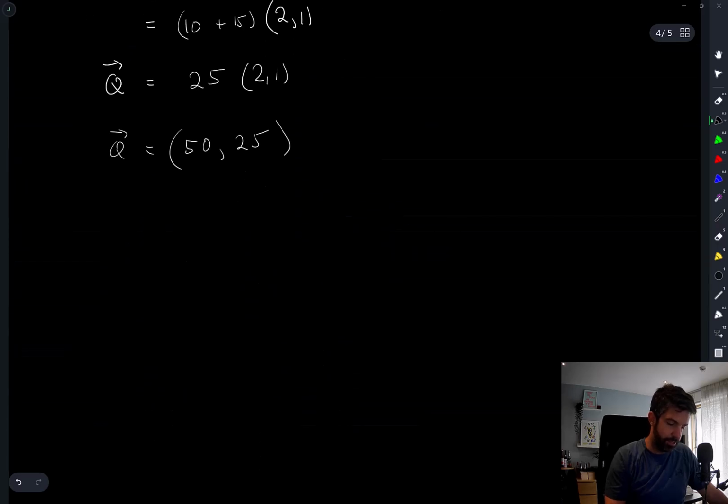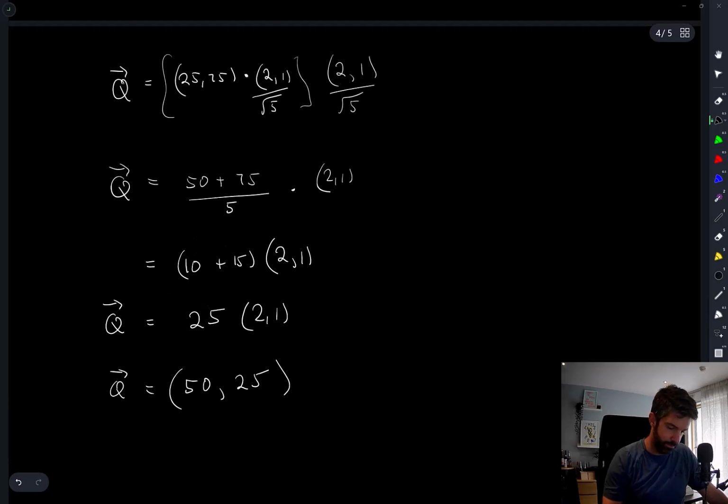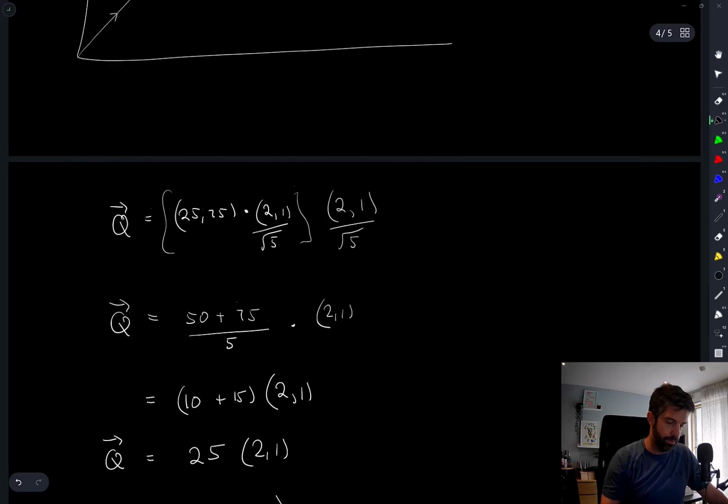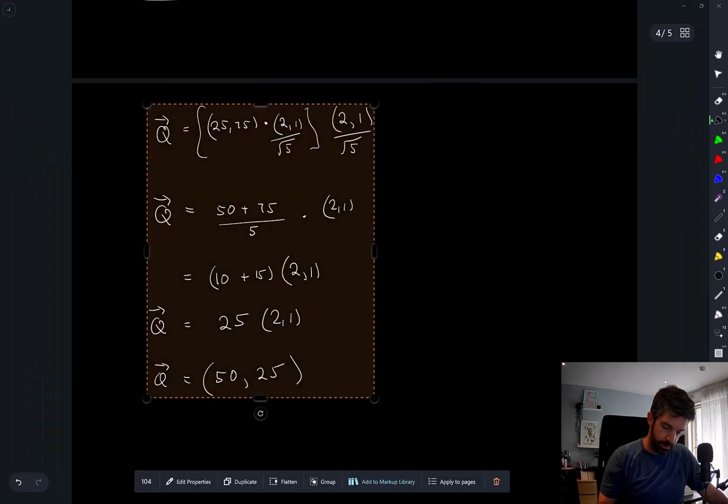And that can be reached, this corresponds to m is equal to, wait. Oh, no. Oh my goodness. I'm screwing this all up.